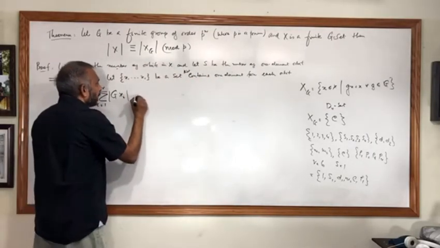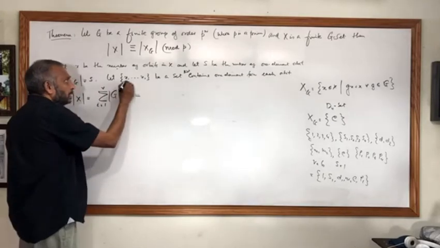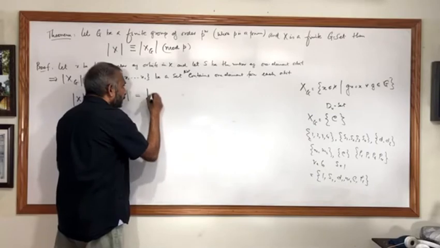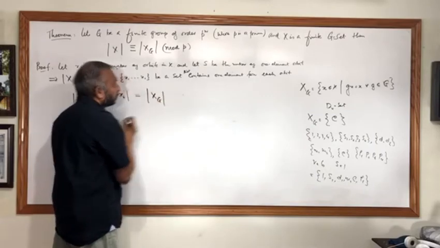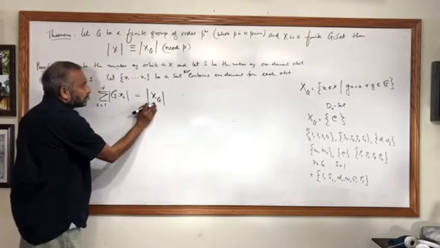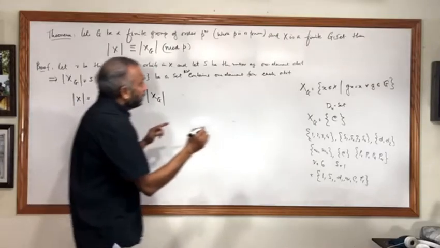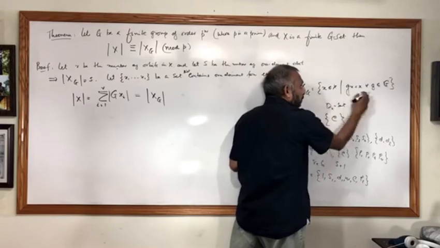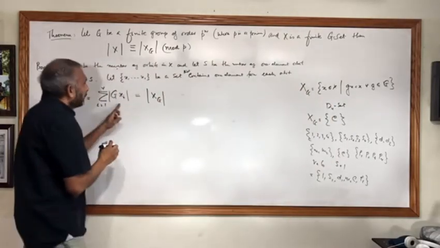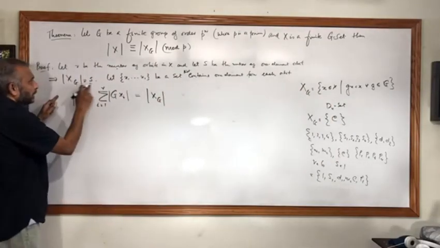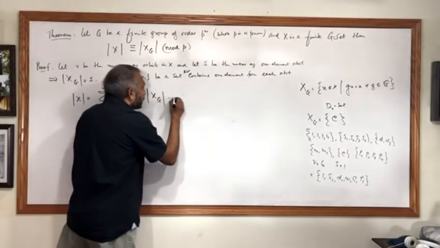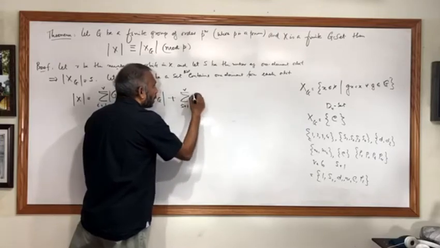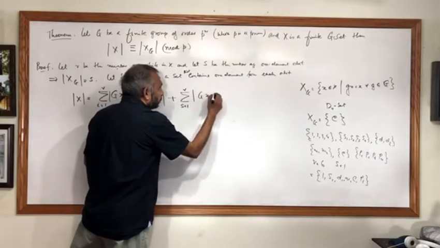So we can write it like this: rearranging the elements, |X_G|, the one-element orbits, and there are s such elements, plus the sum from s plus 1 to r of |Gxi|.